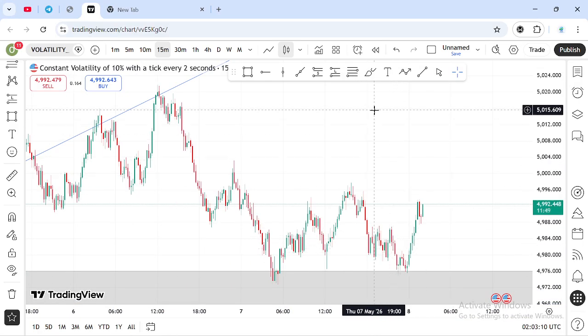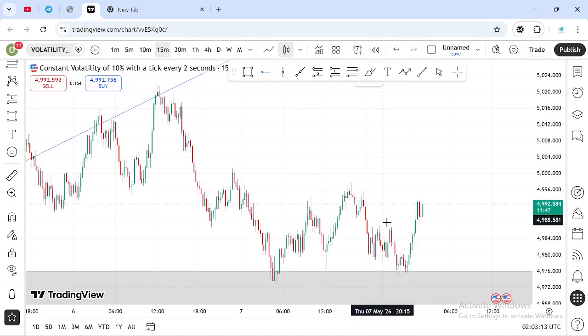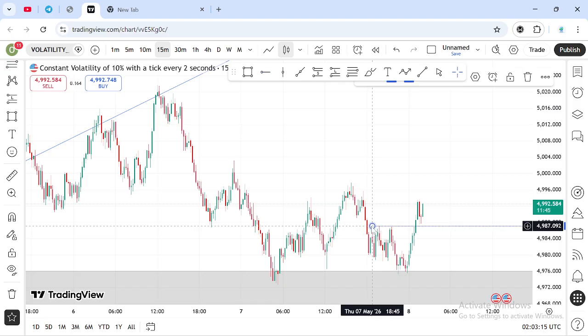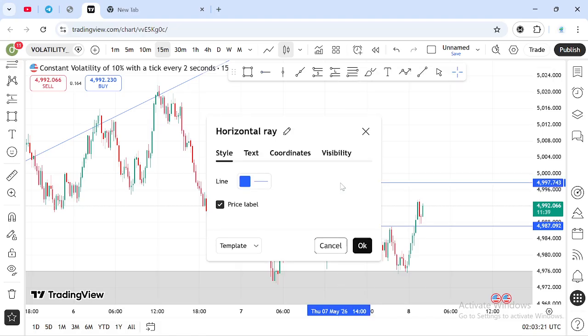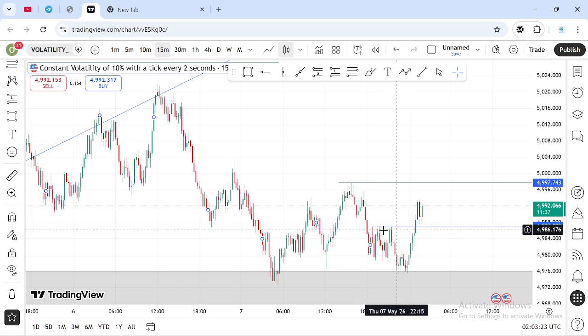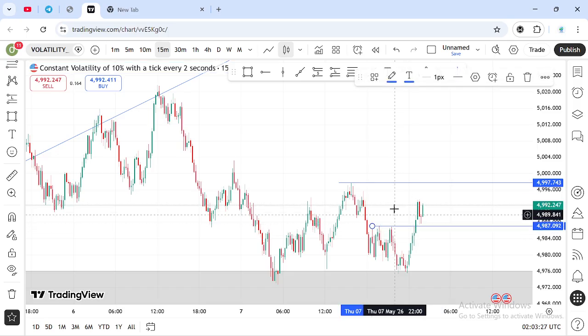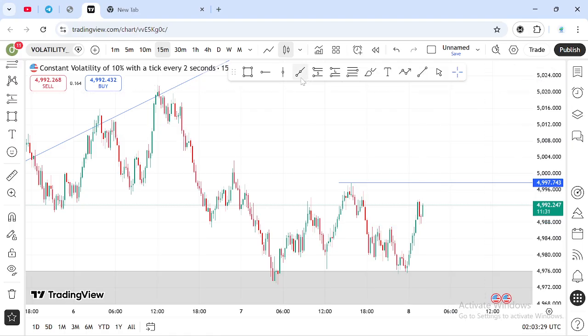Now let's see one method for entry. I want to use my next method of entry. Since this level didn't respect this level, what I will do is wait for a clean break of this zone, come retest, and set my entry at the high.